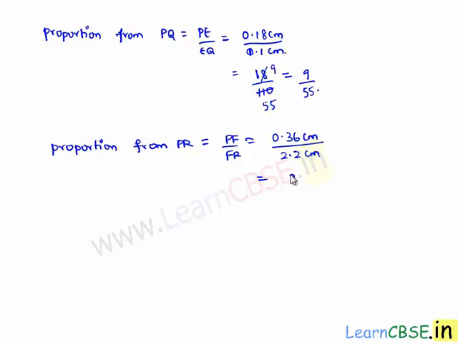We get, by multiplying numerator by 100, we get it as 36 and denominator will be 220, and here centimeter is common in numerator and denominator, that will be cancelled, and in 36 and 220 the common factor is 4, so 4 goes in 36 9 times and 4 goes in 220 55 times.